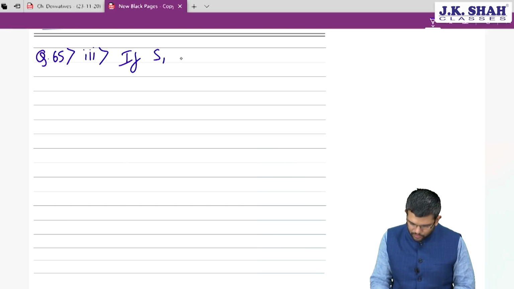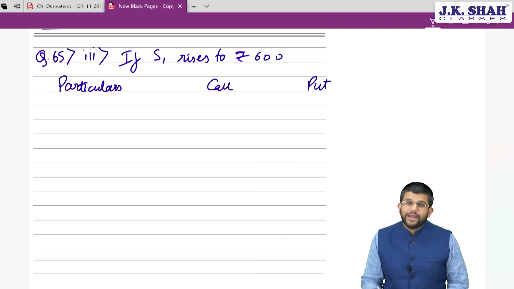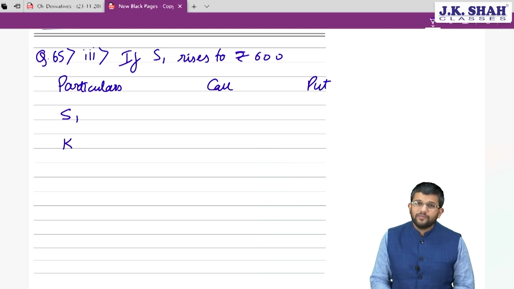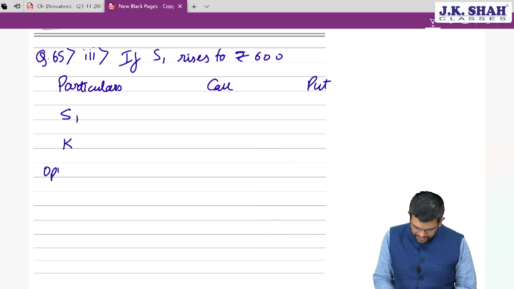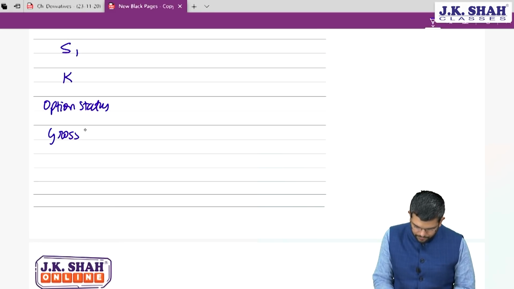If S1 rises to rupees 600, children, I'll write down here particulars. Then there is call and then there is put. Tell me what is the format. We first of all write down S1, then we compare with K, then we understand the option status, with which we then calculate the gross payoff.